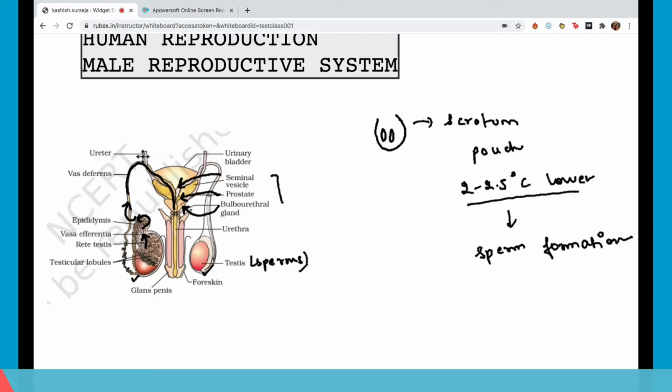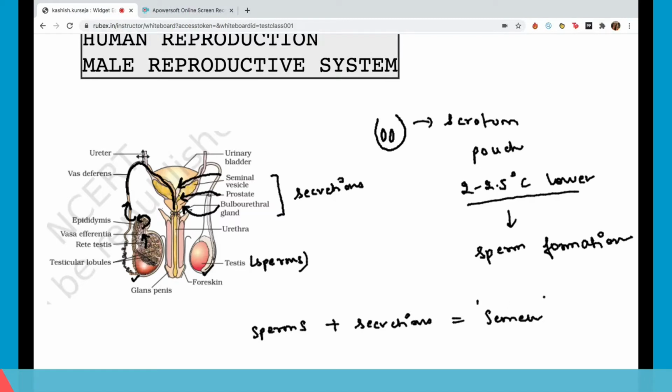So it receives secretions from all of these three glands. Then the combined mass of sperms plus the secretions received from the three different glands is together known as semen.